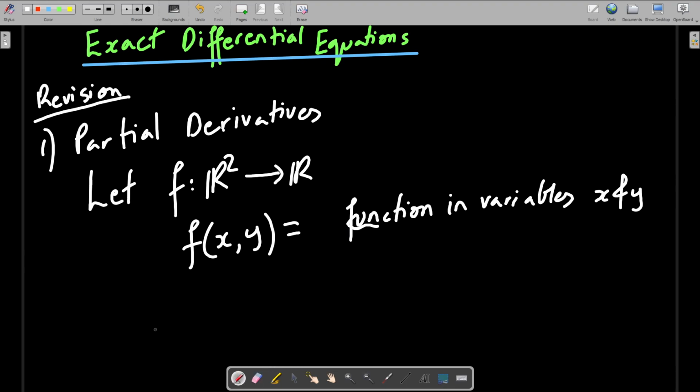The derivatives which you have studied till now were only of functions of one variable, that was x, and you took the derivative with respect to x. But now you have two variables over here, so there is one more new derivative which comes up, that is called a partial derivative.